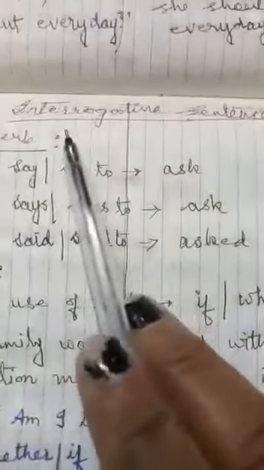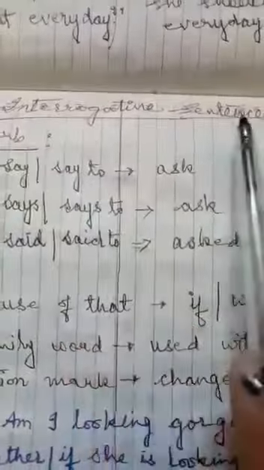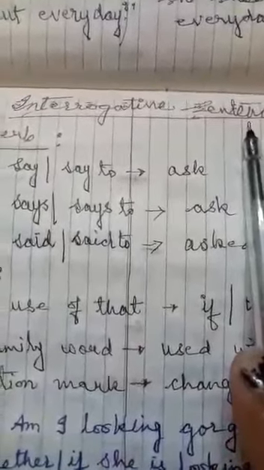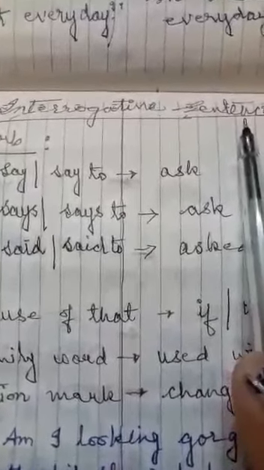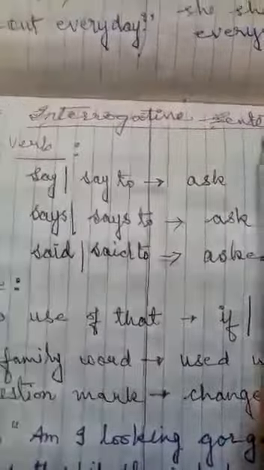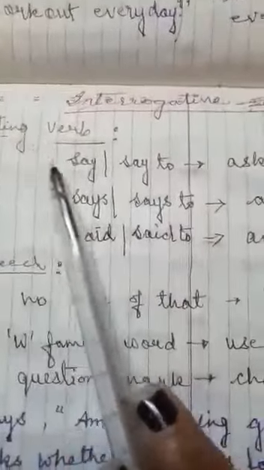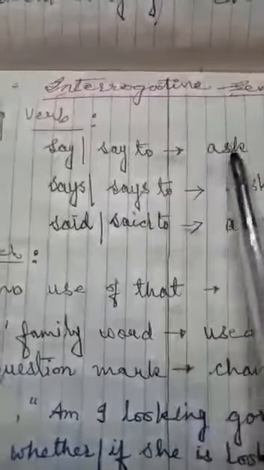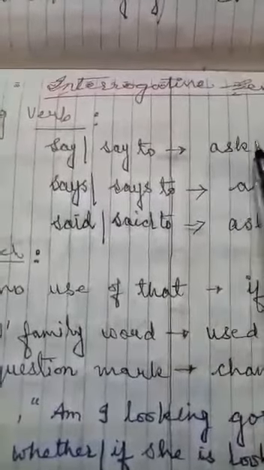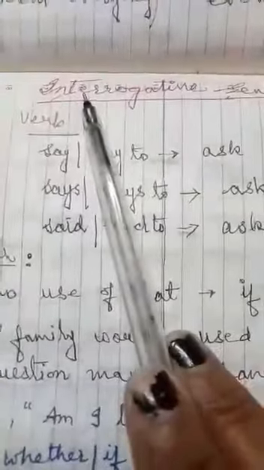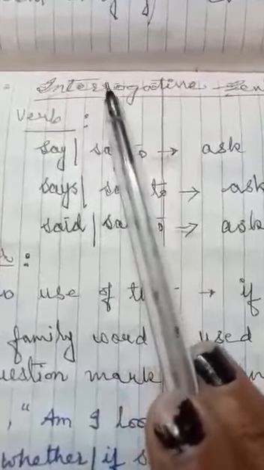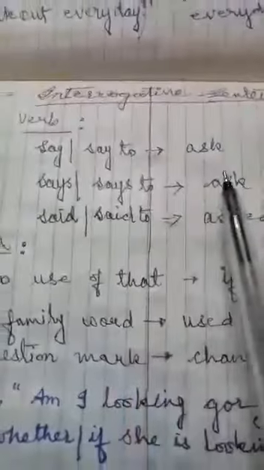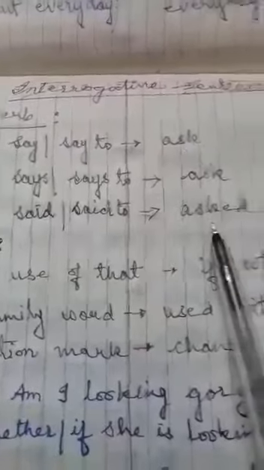So children, today we'll talk about interrogative sentences. How to change the narration of the interrogative sentence. First you see the reporting verb. As I told, say and say to. Generally we change them into said and told, but as these are interrogative sentences where we ask questions, here we use ask and asked.